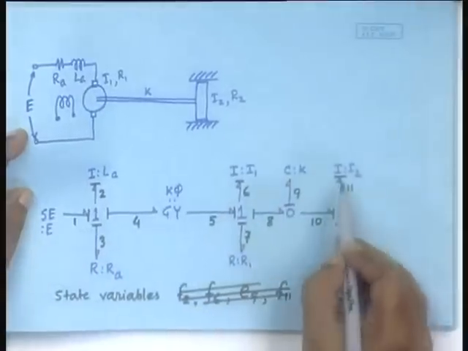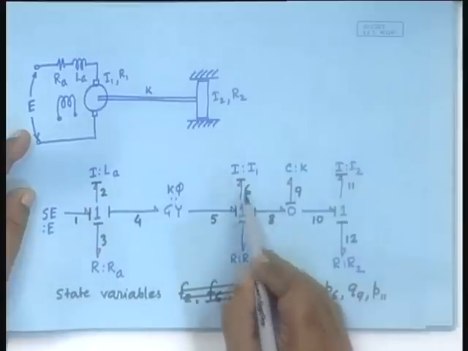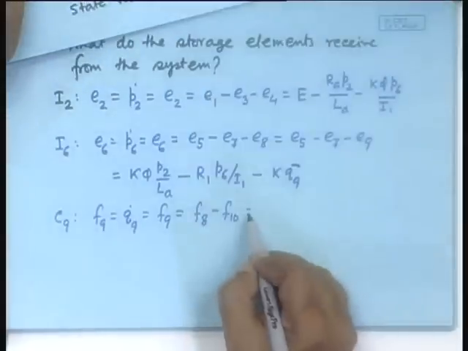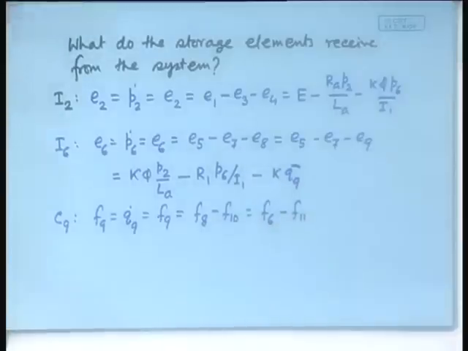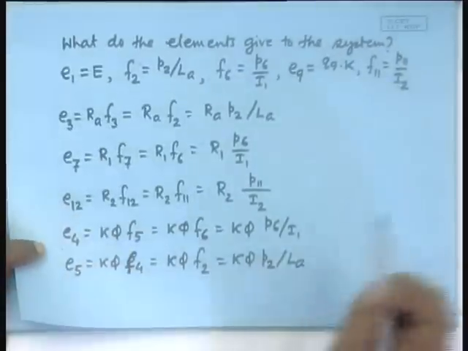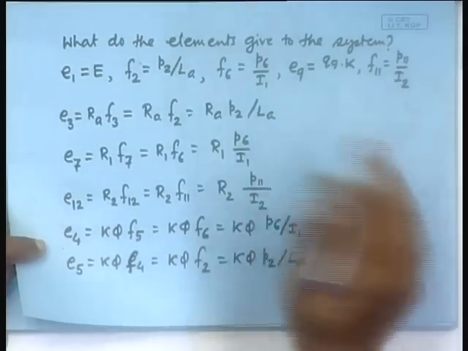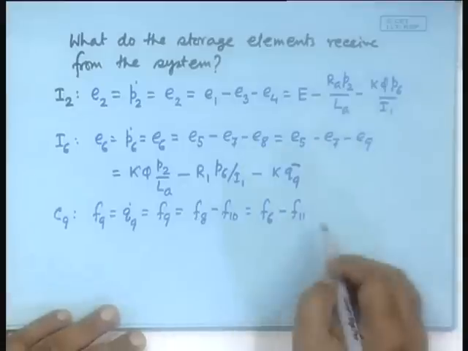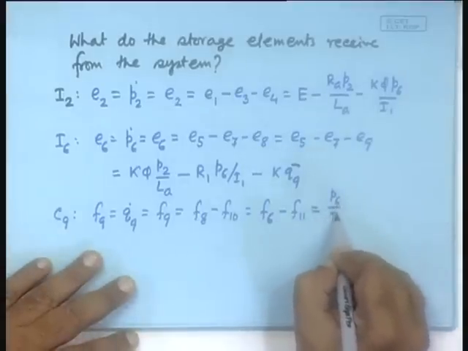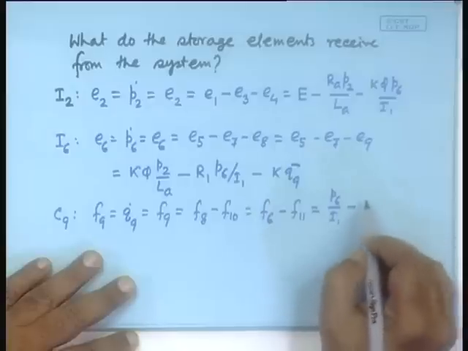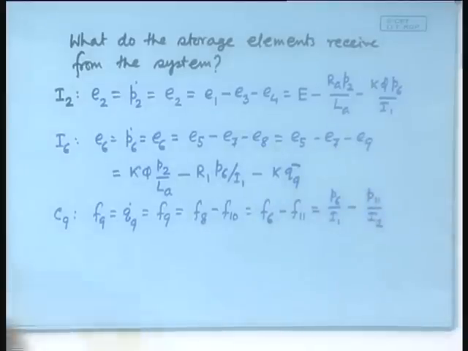F10 is coming from F11 and F8 is coming from F6. So, F6 minus F11, and both these are available. F6 is here, F11 is here, put it in: P6 by I1 minus P11 by I2. Done.